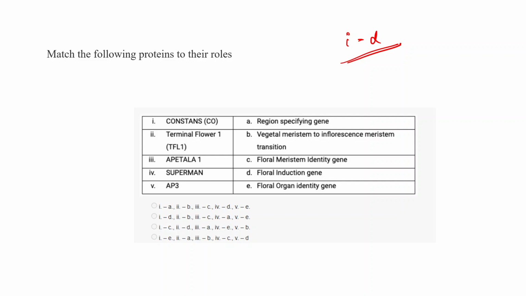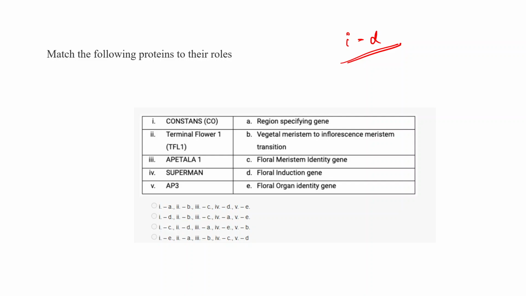So if there is a loss of the TFL1 gene, which is the terminal flower gene, it causes the loss of a terminal flower. So I hope this is clear to you. Then according to the information provided, which option will go best with this? It is B, that is vegetative meristem to inflorescence meristem transition. So the second one goes with option B.